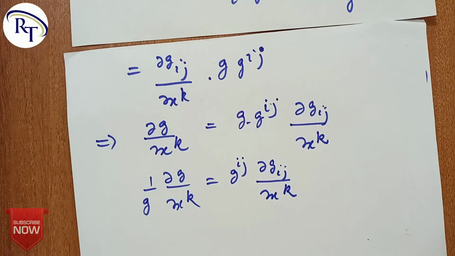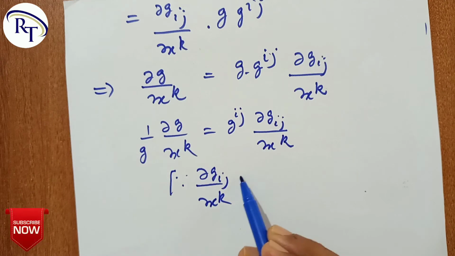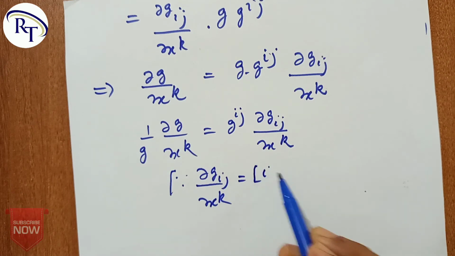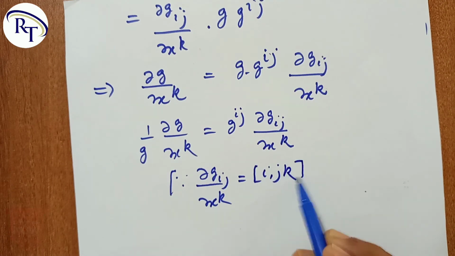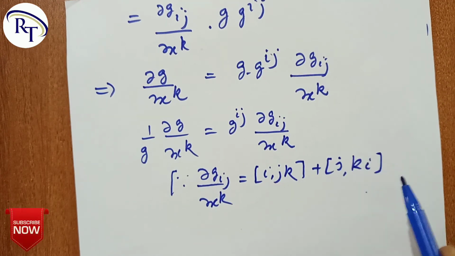Also, for ∂gij/∂x^k, by the property of Christoffel symbols of the first kind, this is equal to [ik,j] plus [jk,i].